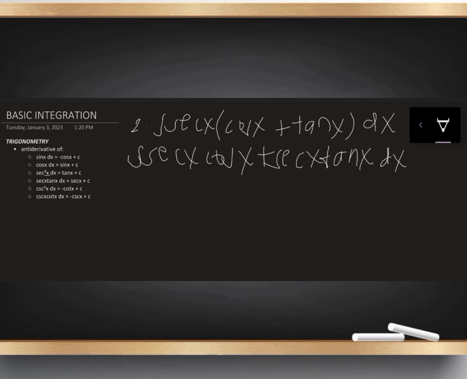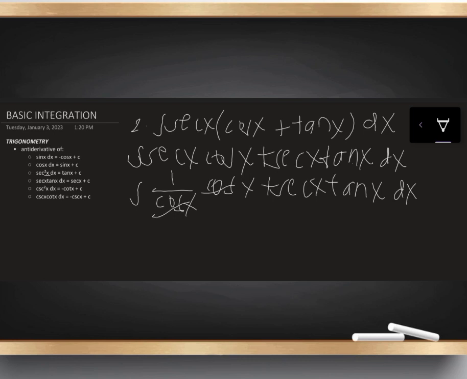So for secant x cosine x, we know that the equivalent of secant x is 1 over cosine x. So let's do that. So it will be the integral of 1 over cosine x times cosine x plus secant x tangent x dx. So let us cancel cosine x.